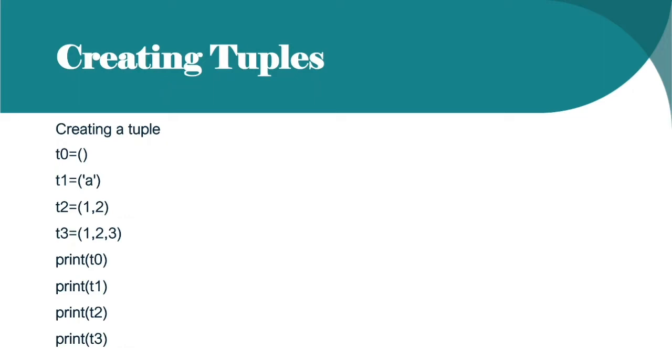T0 has 0 elements, so it's an empty tuple. Then we have a tuple with one value, that is T1. T1 is something really important and we will be focusing on T1 a lot in this video. I will tell you why afterward. T2 is a tuple with 2 values and T3 is a tuple with 3 values, and I have just printed the values. The major thing is to focus on the value of T1.